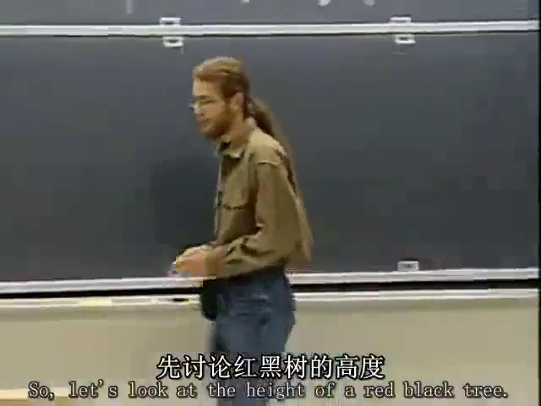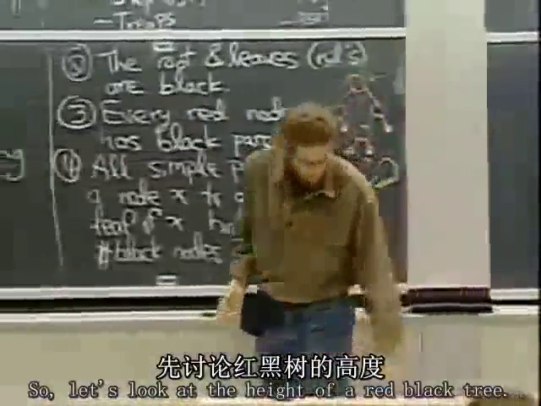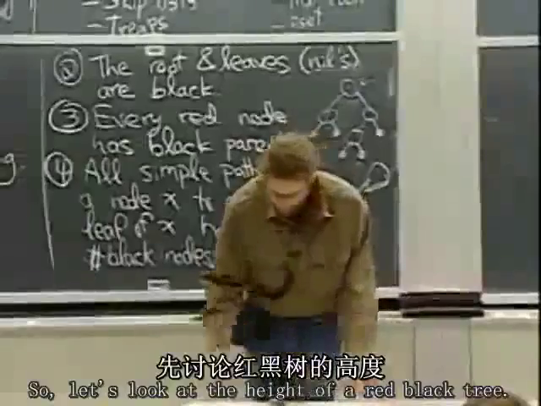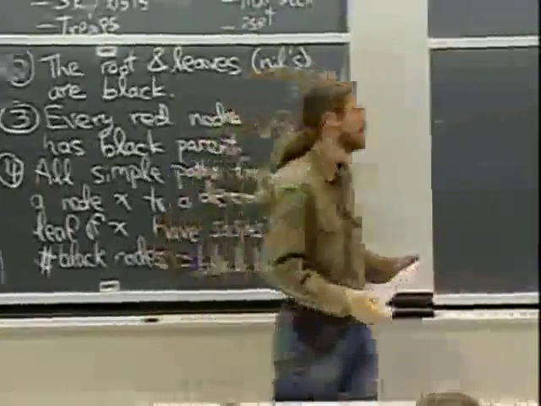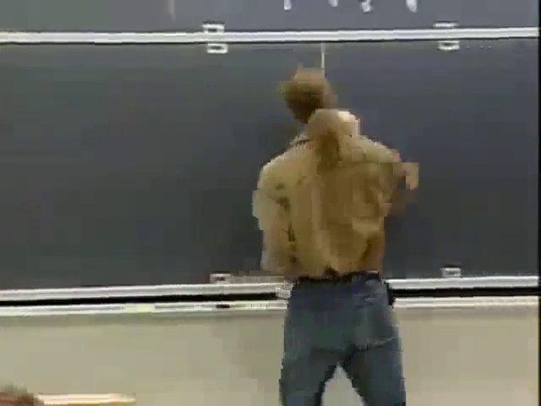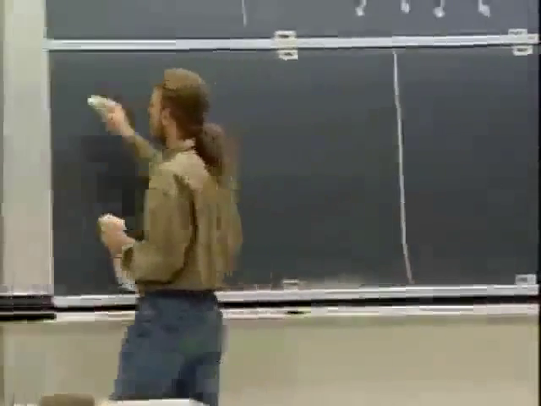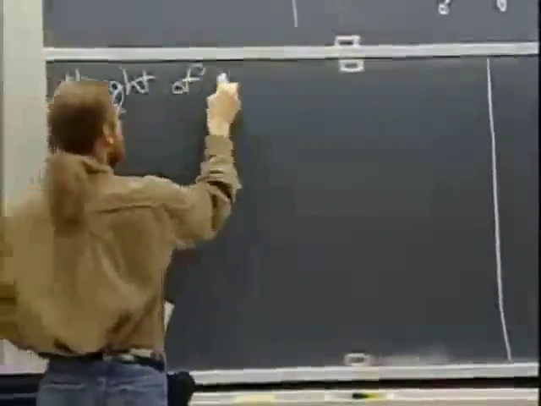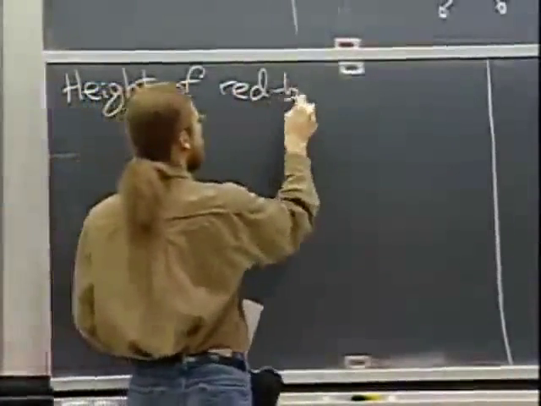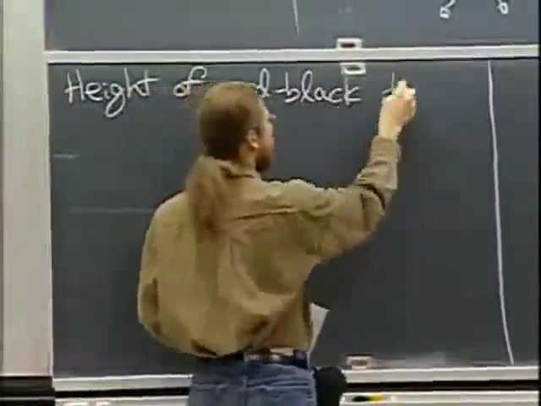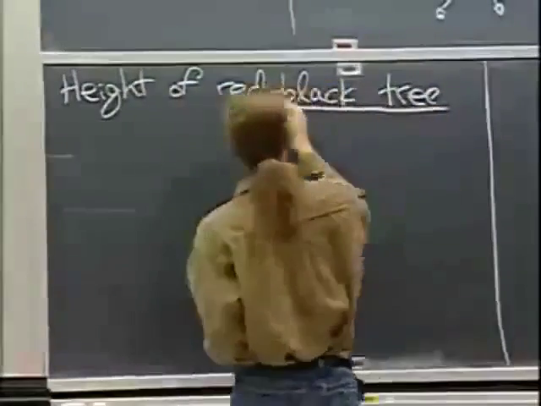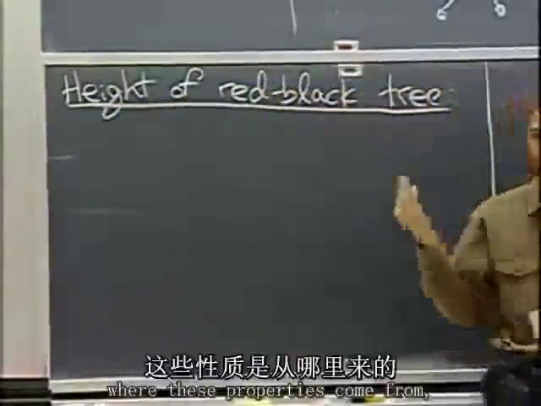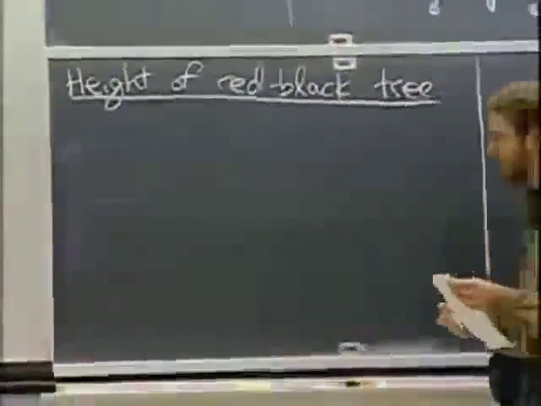So let's look at the height of a red-black tree. From this, we'll start to see where these properties come from, why we chose these properties.